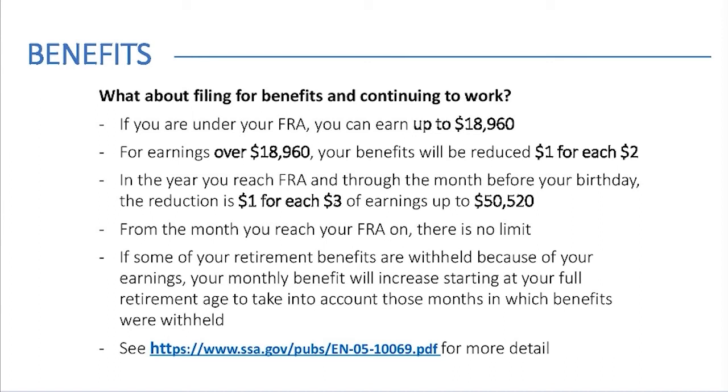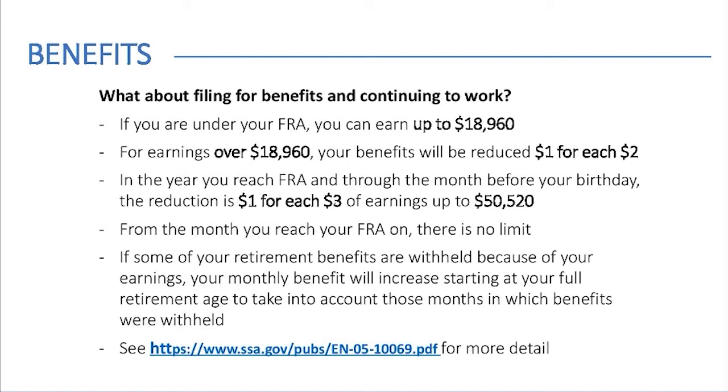If you file early, prior to your full retirement age, you can still work. In 2021, you can make $18,960. Any earnings over that, your benefits will be reduced by $1 for each $2 over that amount. Let's say you make $19,000, so that year you're $40 over.